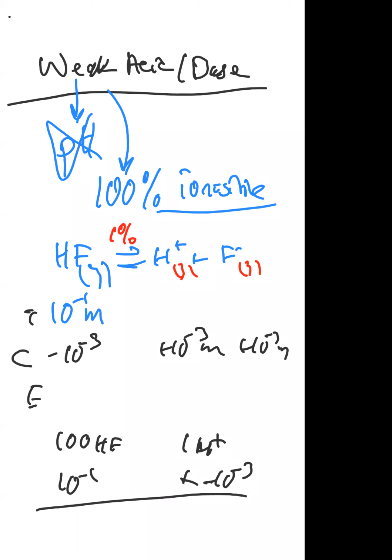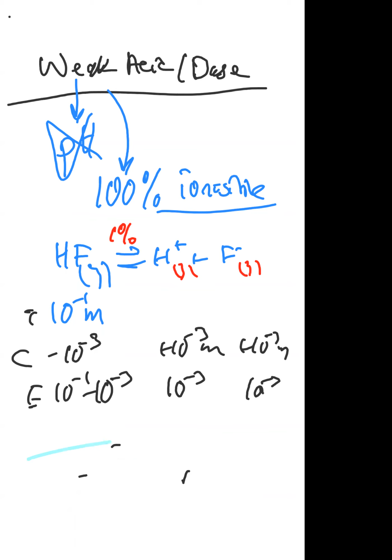Then we have what? We have the concentration of 10 to minus 1 minus 10 to minus 3, and the newly produced ions. For Ka calculations, baby, generally we may omit that value because up to 5% can be omitted for such calculations, because it has no meaning.